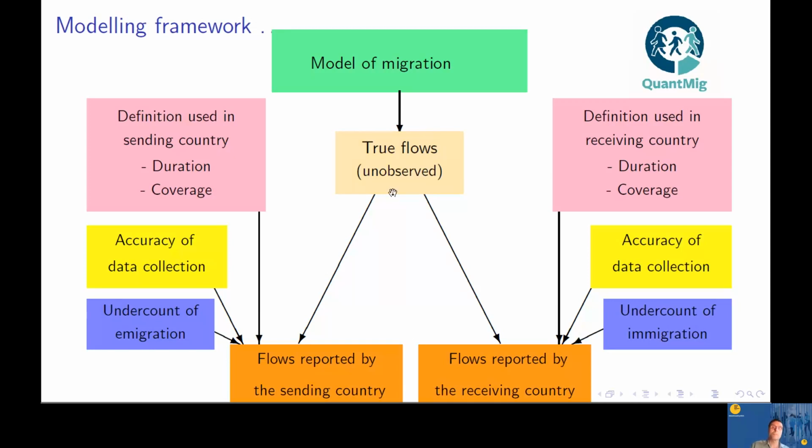We also include some information about the stocks in the receiving and sending country related to the flows. So this is a model that, based on a set of covariates, can predict or explain the true migration flows.